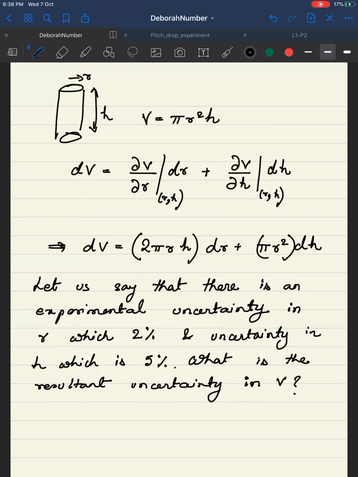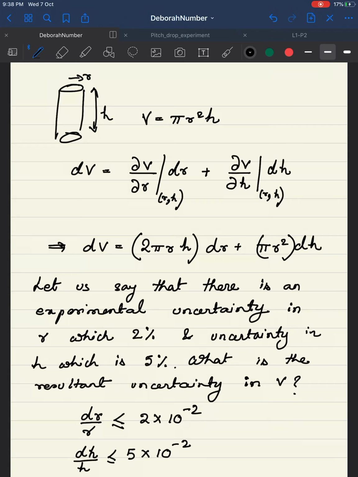What does this imply? This implies that dr by r is less than or equal to 2 into 10 to the minus 2. Similarly, the uncertainty in h is given as less than or equal to 5%, so dh by h is less than or equal to 5 into 10 to the minus 2.